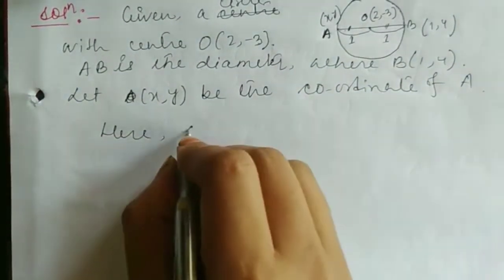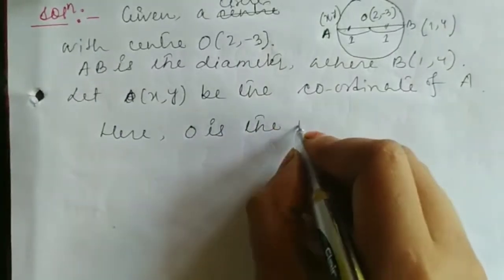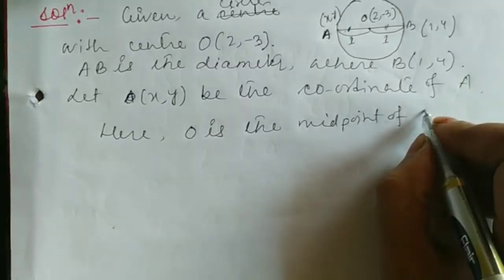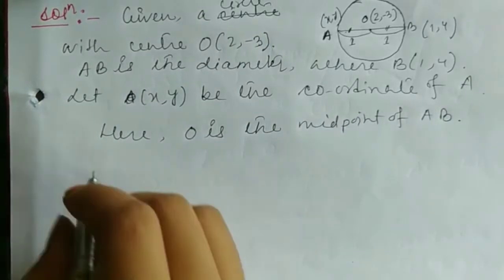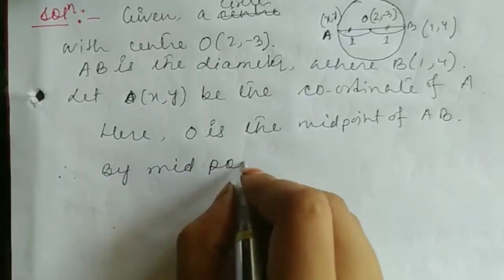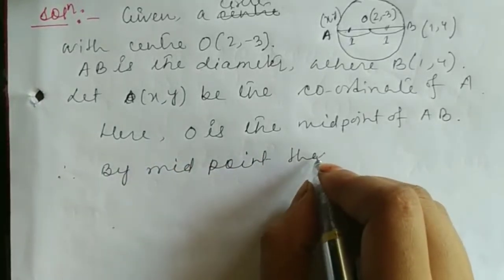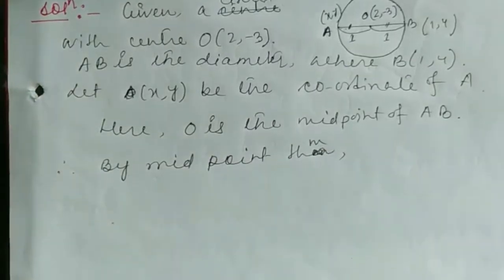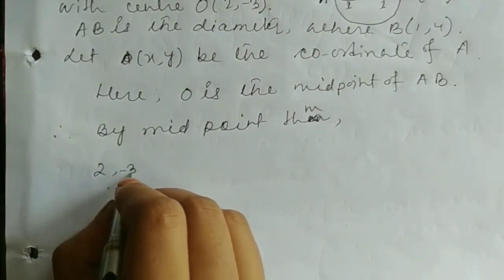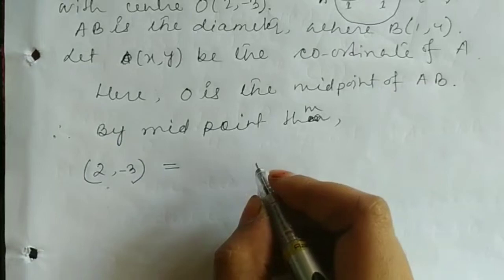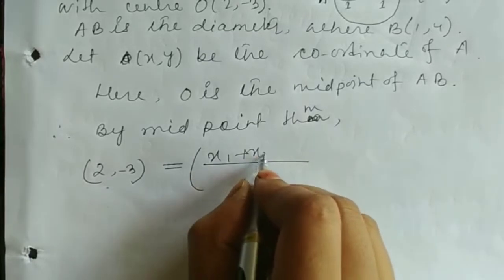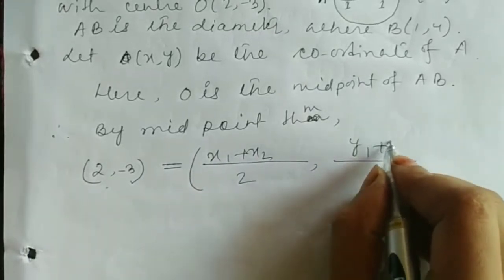Here, O is the midpoint of AB. Therefore, by the midpoint theorem, 2, -3 equals to, by my midpoint, this one equals to x1 plus x2 by 2, y1 plus y2 by 2.